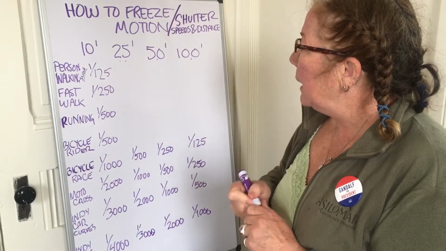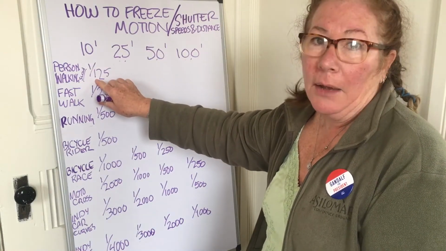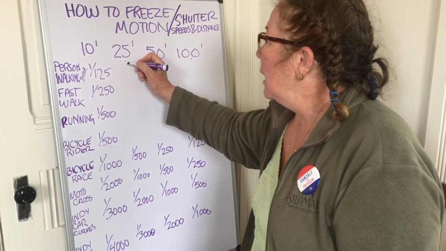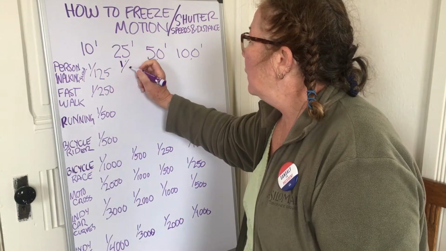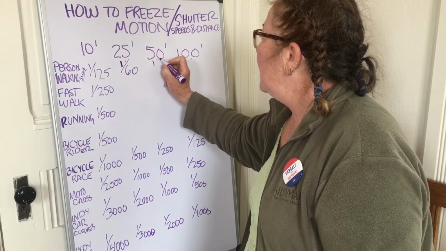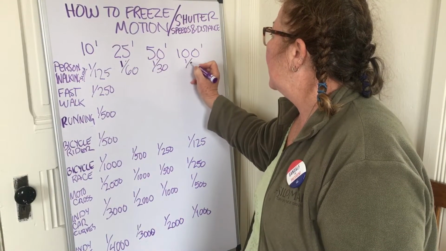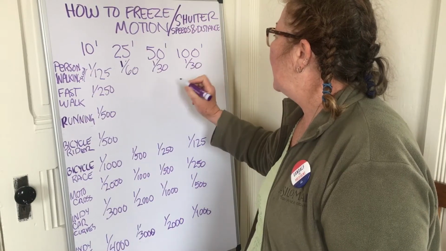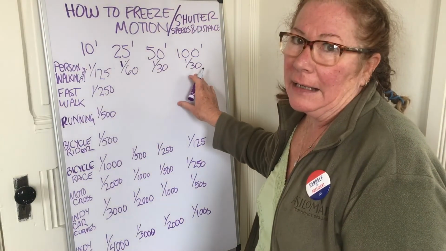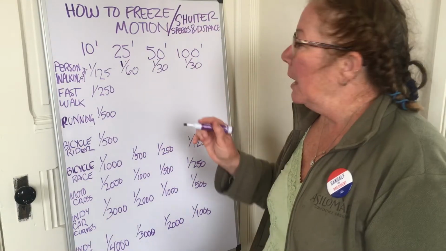So a person walking slowly, if they're 10 feet from you, you can freeze motion at 1/125th of a second. If they're 25 feet away, 1/60th of a second. If they're 50 feet away, 1/30th of a second. And I would say the same for 100 feet away, because 1/15th of a second is pretty iffy to keep your camera from shaking.